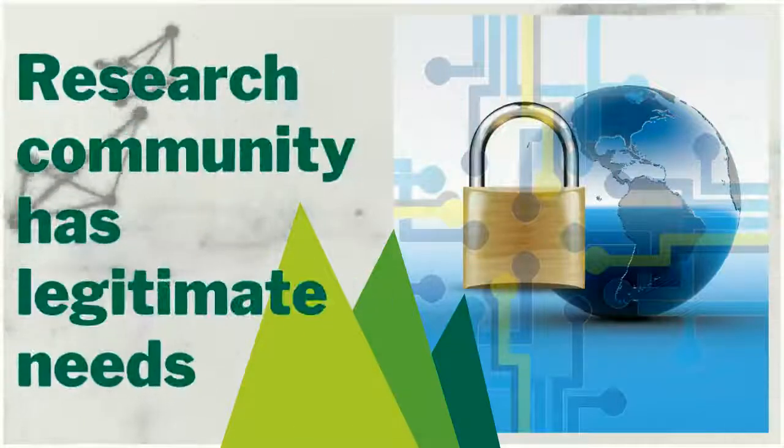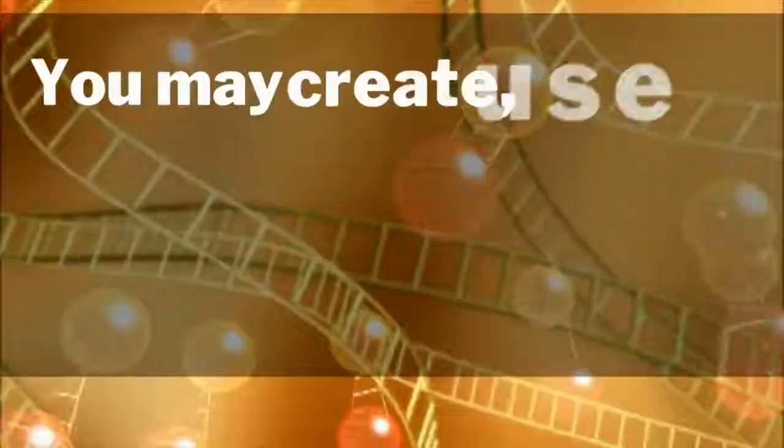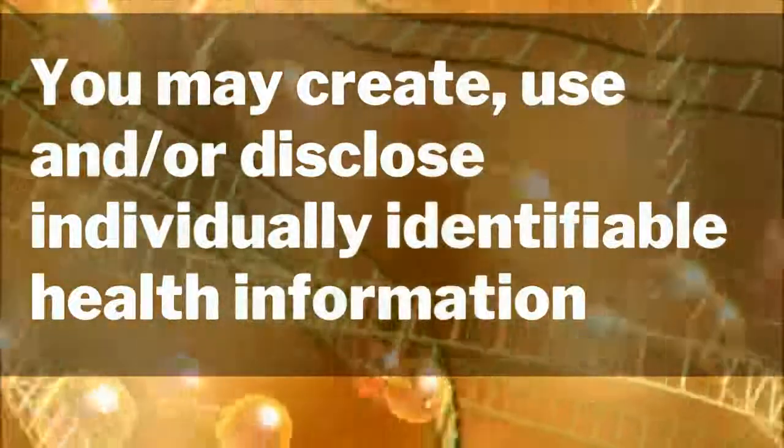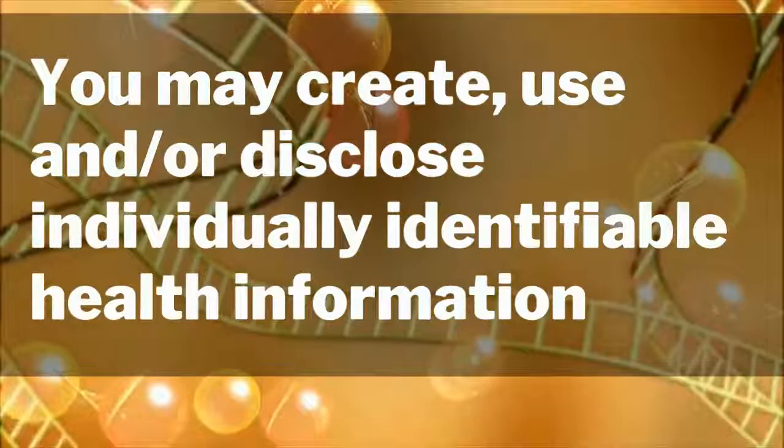The privacy rule recognizes that the research community has legitimate needs to use, access, and disclose individually identifiable health information to carry out a wide range of health research protocols and projects. In the course of conducting research, it is not uncommon for researchers to create, use, and/or disclose individually identifiable health information.